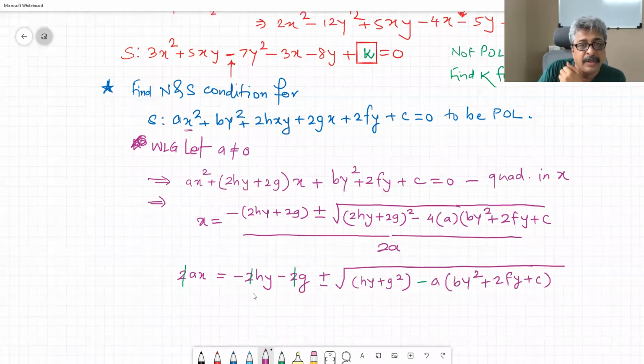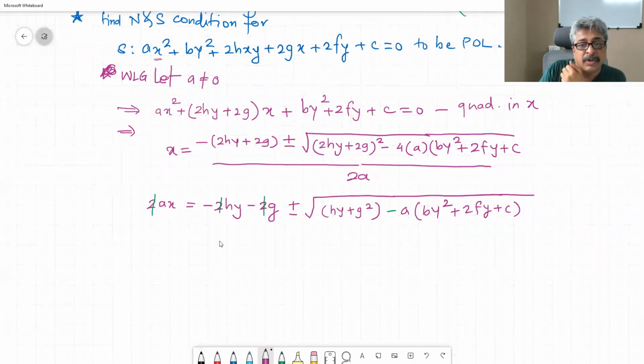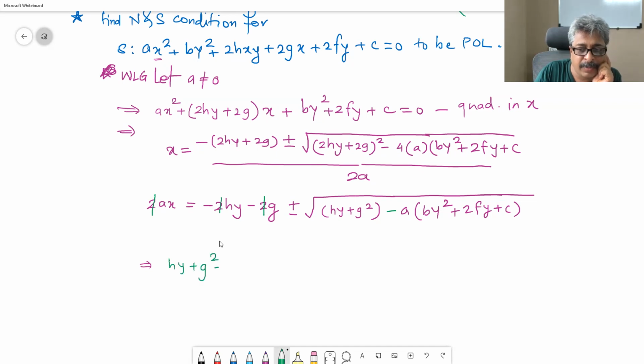So look at it. Let us figure out how it will look. Now we are not considering any special cases, which we will come back and consider. But what is this expression inside the radical? It is (hy plus g) square minus aby square minus 2afy minus ac is equal to 0.